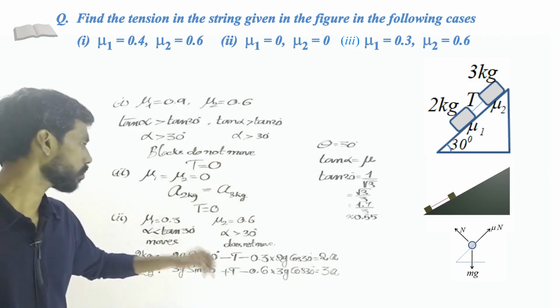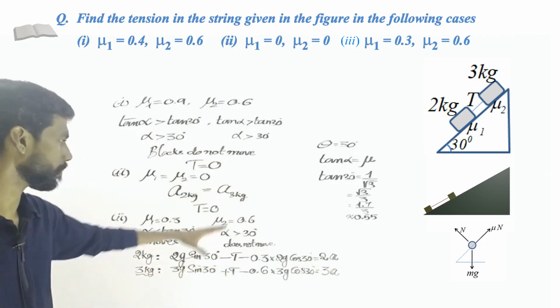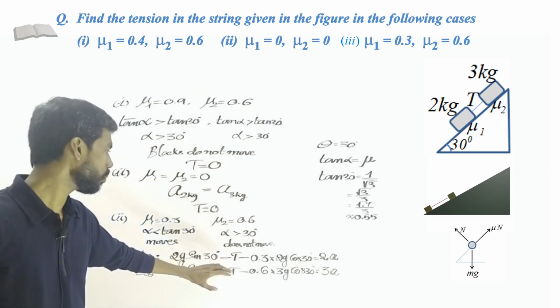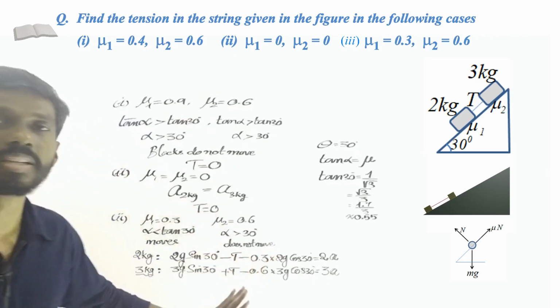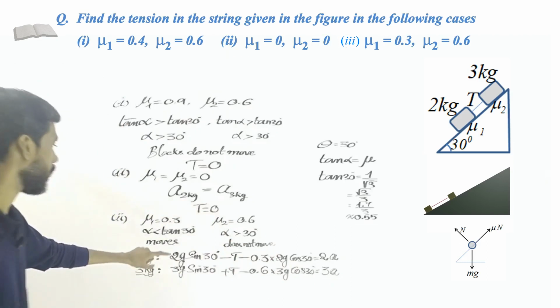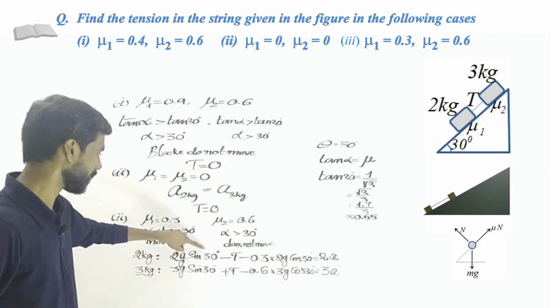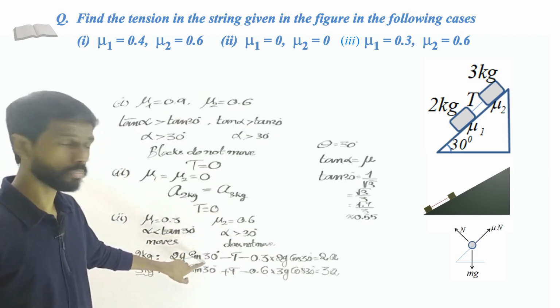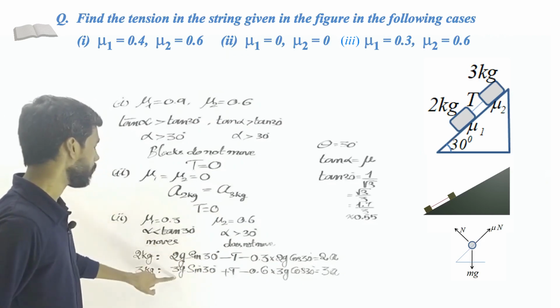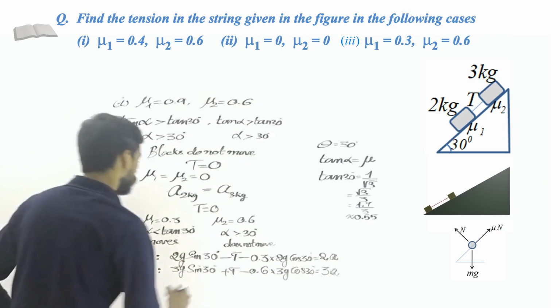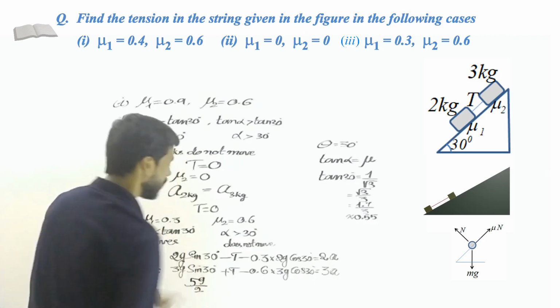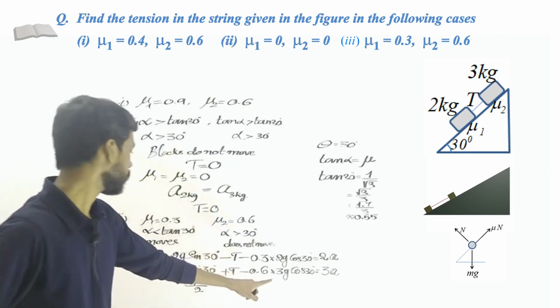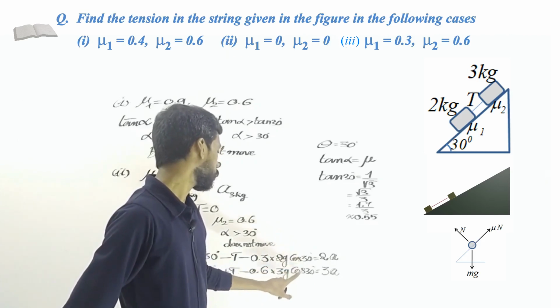So how will you solve this? If you add these two, this T will get cancelled, and we will get the acceleration. So if you add these two, what do you get? 2g sine 30 plus 3g sine 30. Sine 30 is 1 by 2. So 2g plus 3g, 5g divided by 2. This gets cancelled. Cos 30 is root 3 by 2.